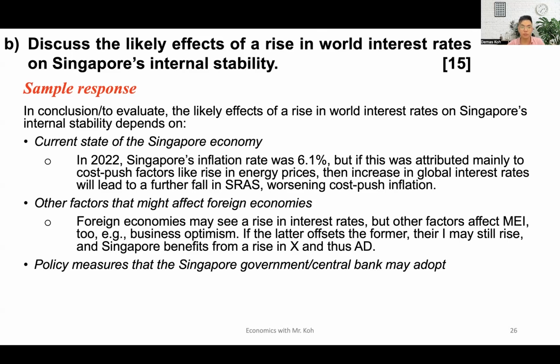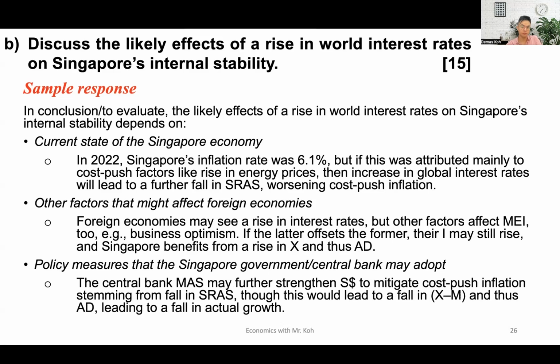And also, it depends on policy measures that the Singapore government or the central bank may adopt. So the central bank MAS may further strengthen the Singapore dollar to mitigate cost push inflation, right? Although this would lead to a fall in net exports and thus AD, even though it tries to curb cost push inflation by raising SRAS, right?